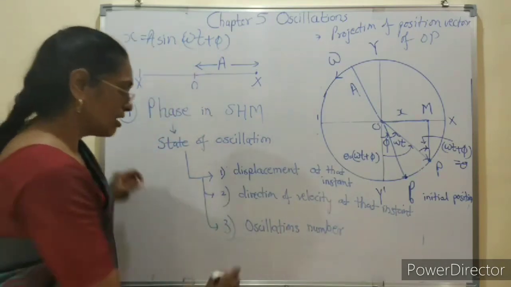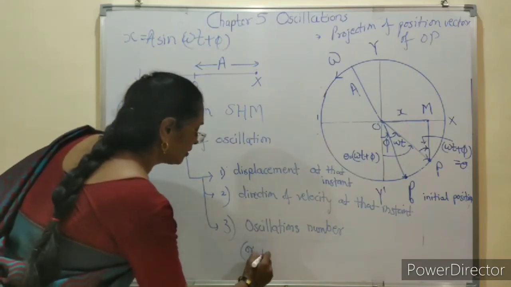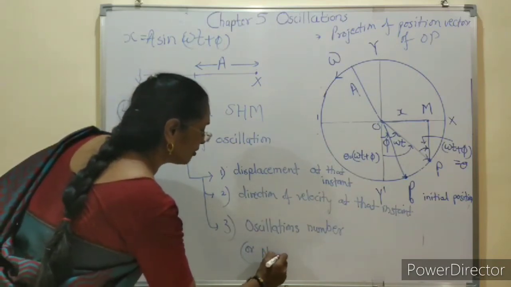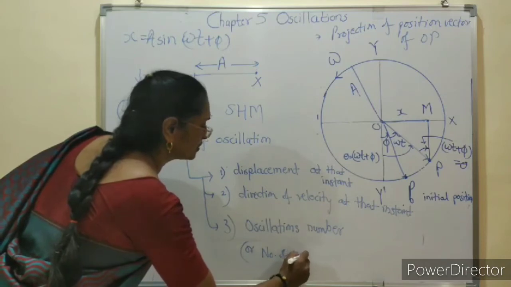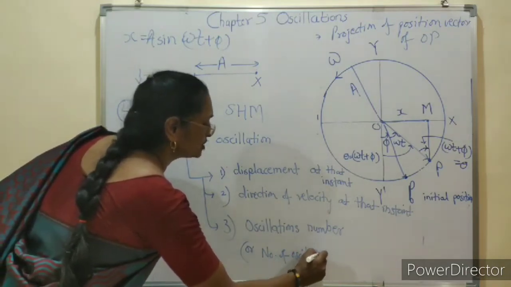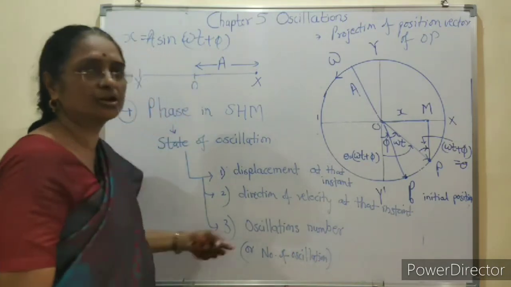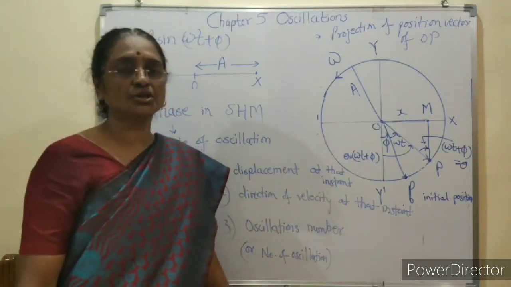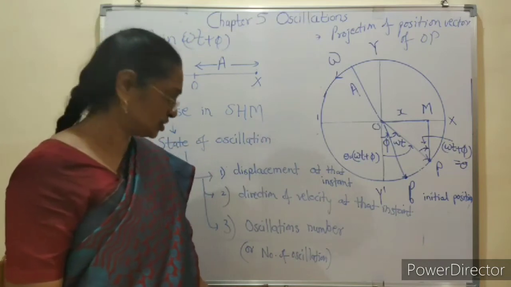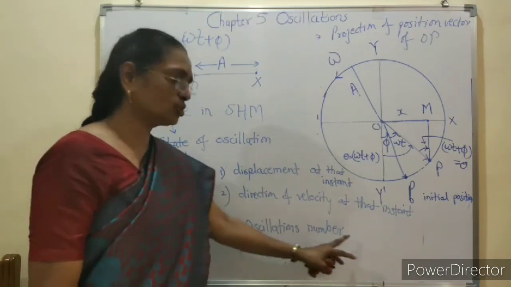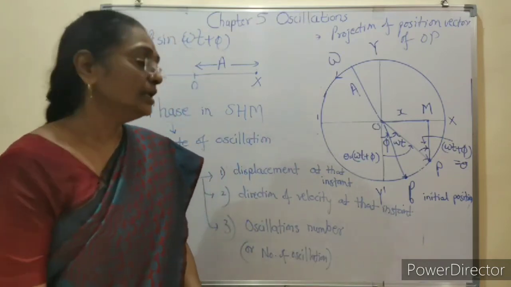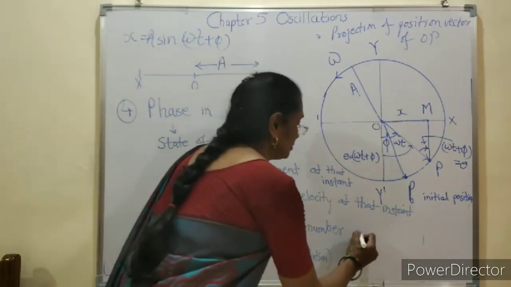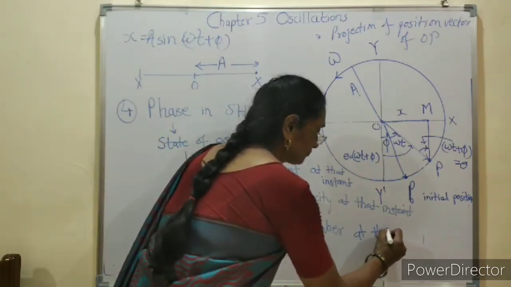Sometimes the oscillations are 3 oscillations, 4 oscillations, 100 oscillations. Sometimes it is half oscillation, 1/4 oscillation, part of an oscillation. So that represents oscillation number. So it is also at that instant.